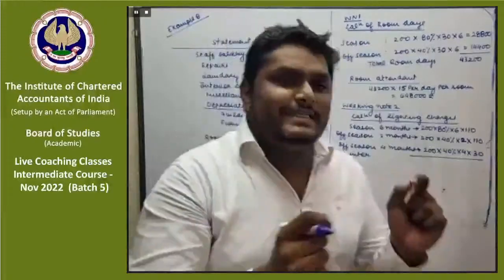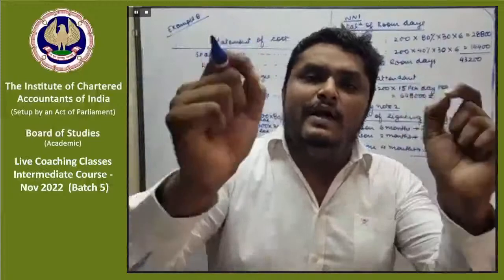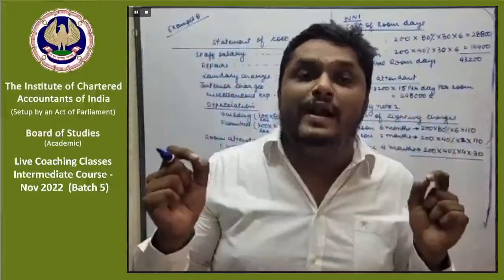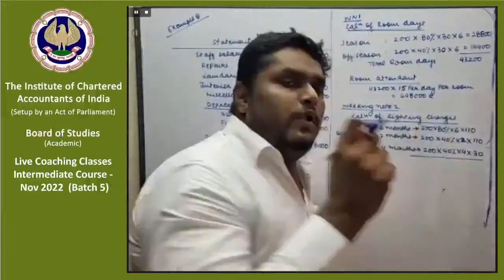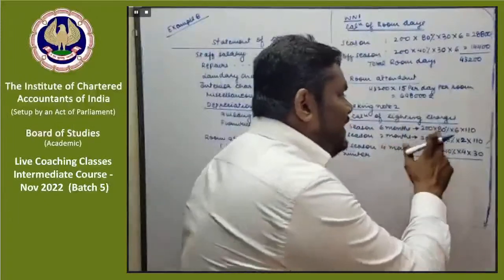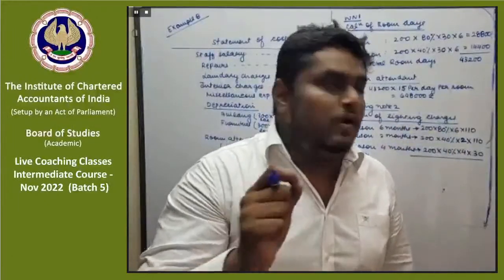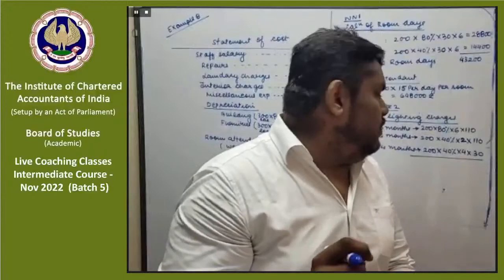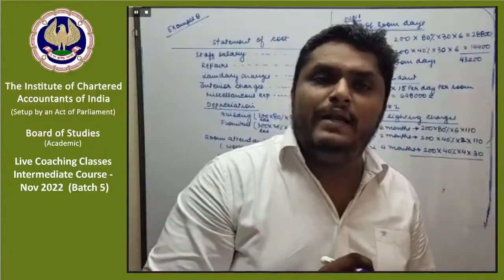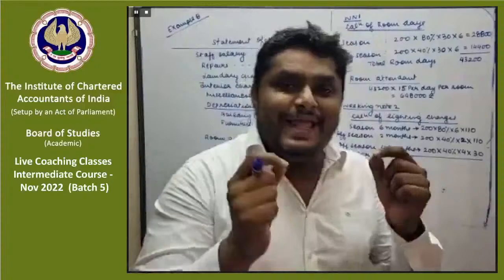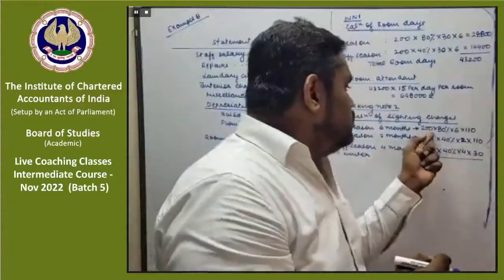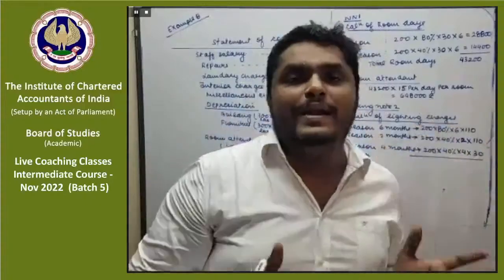That is, in the season period, that is 6 months, the monthly lighting charges are 110 rupees, depending upon the room occupied. So 200 into 80%. So on an average, 160 rooms are occupied per day, but the lighting charges are given per month. So into 6 months into 110.